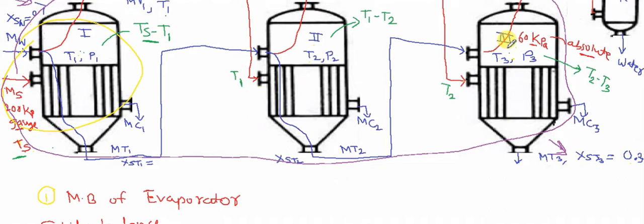With respect to the 60 kilopascal absolute pressure, you can find the temperature T3 in this triple effect evaporator. Similarly, with the 200 kilopascal gauge steam pressure in the first effect, you can find Ts from the steam table.